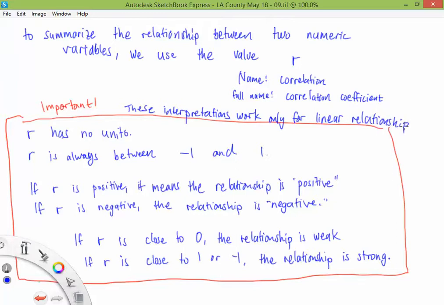I will define what each of these things means, and we will go into more detail, but everything in this red box is very important.